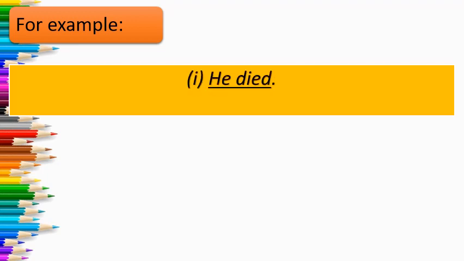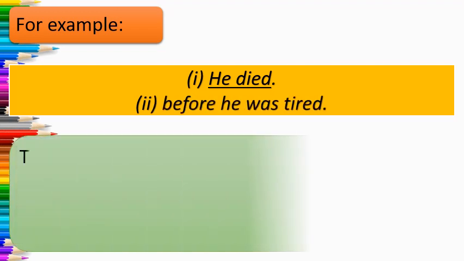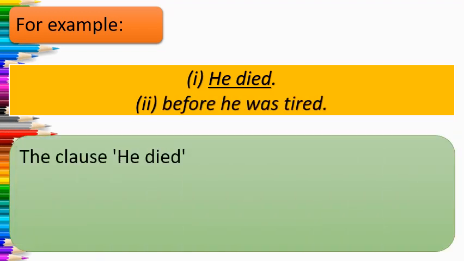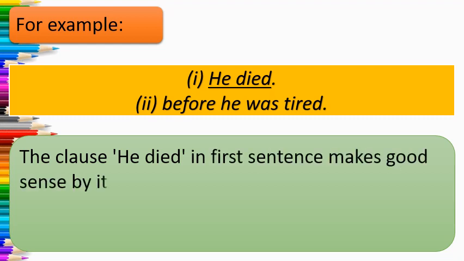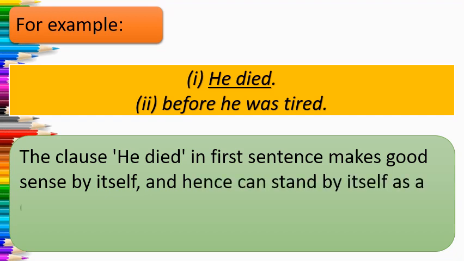Let us see an example to clarify it. As I have divided one sentence in 2 parts. He died before he was tired. So, the clause he died in the first sentence makes good sense by itself and hence can stand by itself as a complete sentence.